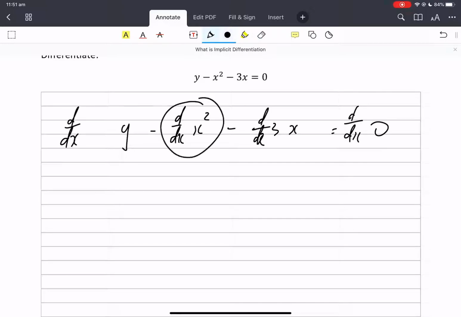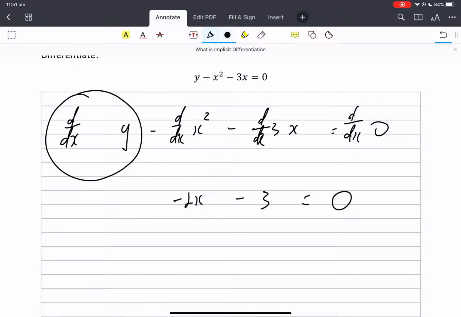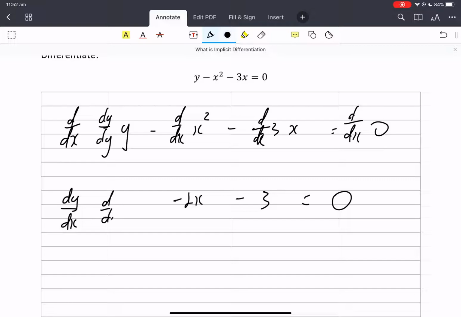The derivative with respect to x of x squared is 2x, then minus 3. What's the derivative of a constant? 0. And we've got the same thing happening here. So we're going to multiply by dy and dy. We're going to swap those two over. And there's the minus.